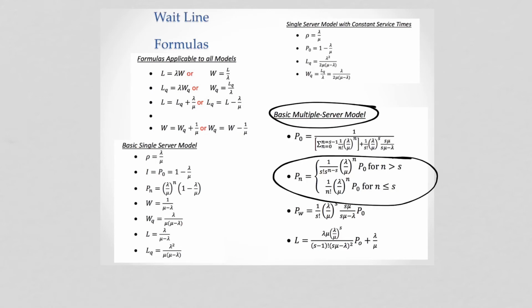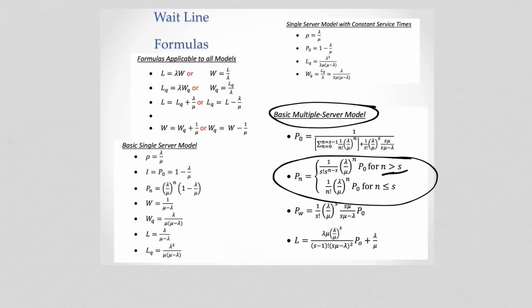Depending on whether N is bigger than S, which was the case for 3, because N is 3 and S, the number of channels, is 4. And in this case, N was 5, probability of 5, given 4 channels. So the formula is a bit different depending on whether your N is bigger than S or N is less than S. So hopefully that's clear.